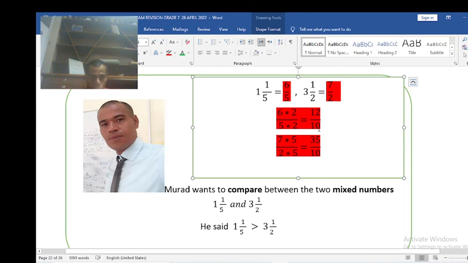Now, in your opinion, which one is more, 12 divided by 10, or 35 divided by 10?